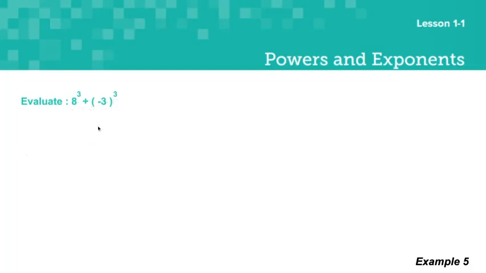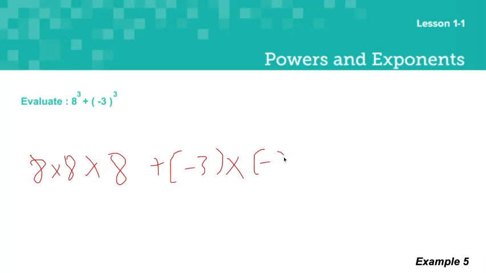First thing we put 8 multiplied by 8 multiplied by 8, plus negative 3 multiplied by negative 3 multiplied by negative 3. First we start with the first side.